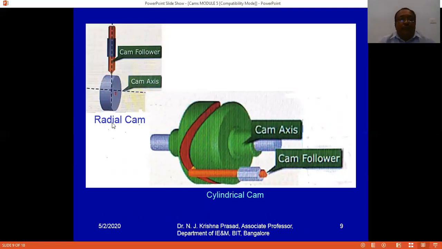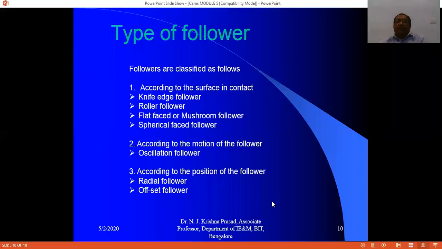In the radial CAM, we observed the CAM follower axis and CAM axis are perpendicular. In the cylindrical CAM, when the CAM rotates, the follower moves in the direction of the CAM axis. Here, in the periphery of the CAM, the groove is made in such a way that when the CAM rotates, the follower moves parallel to the CAM axis. So this is for understanding of the pictorial view.